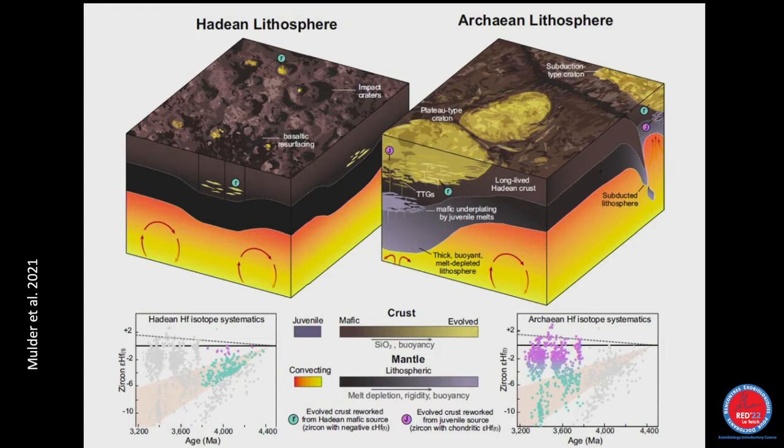If we form fresh mafic crust, and after that we melt the crust, we will have melts for TTGs, and these dark yellow spots are TTGs formed in such a way. So, juvenile melt from the mantle, fresh mafic crust, remelting, and TTGs from the melt.